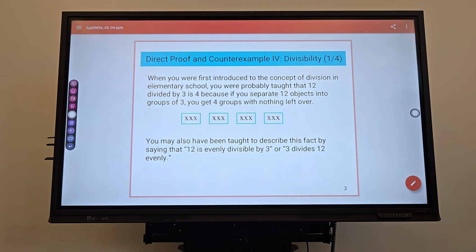When you were first introduced to the concept of division in elementary school, you were probably taught that 12 divided by 3 is 4, because if you separate 12 objects into groups of 3, you get 4 groups with nothing left over. You may also have been taught to describe this fact by saying that 12 is evenly divisible by 3, or 3 divides 12 evenly.